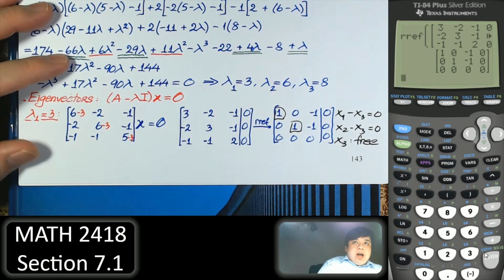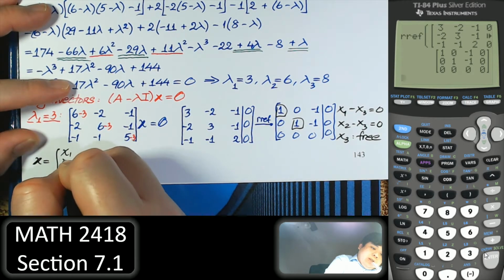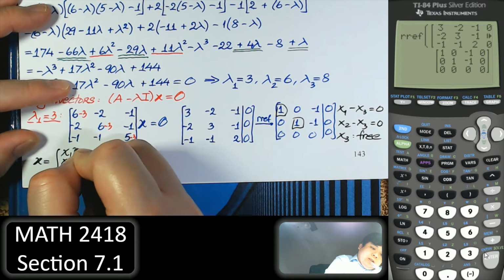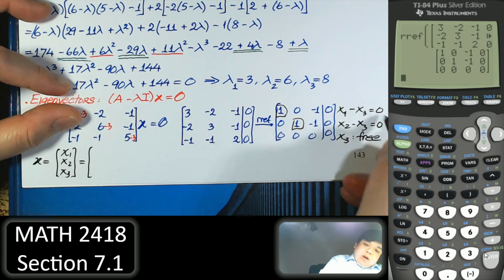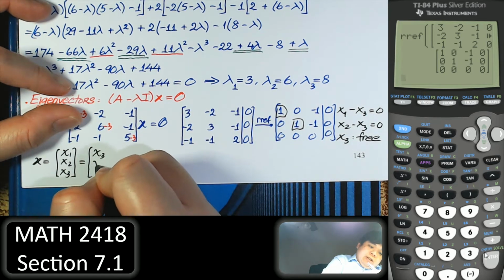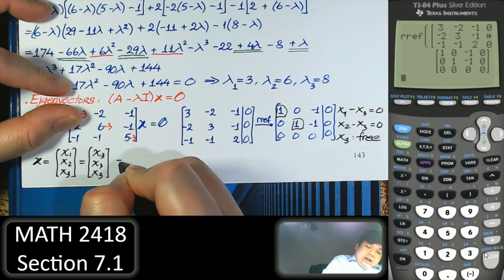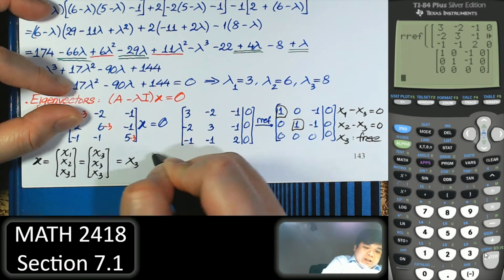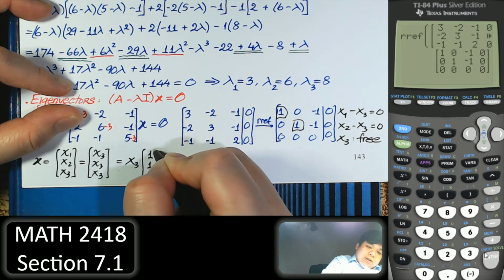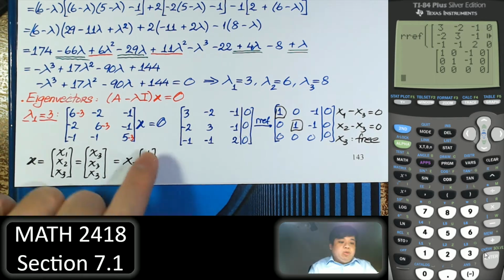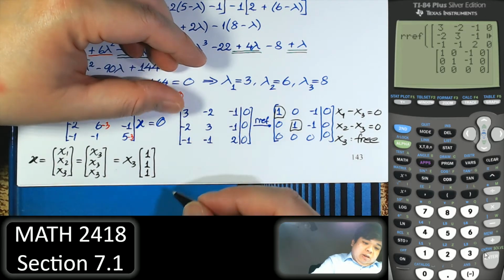Right. So with that, we write the solution x equal to x1, x2, x3. Move the x3 over, and move the x3 over, and factor out x3. Of course, we choose 1, 1, 1 to be the eigenvector.